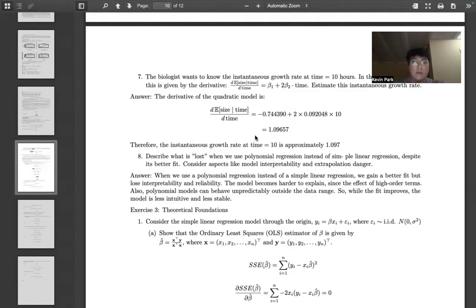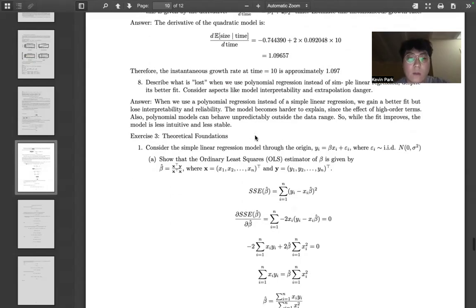Outside of the data range, polynomial models can behave unpredictably. So while it fits better, the model is less intuitive and less stable.